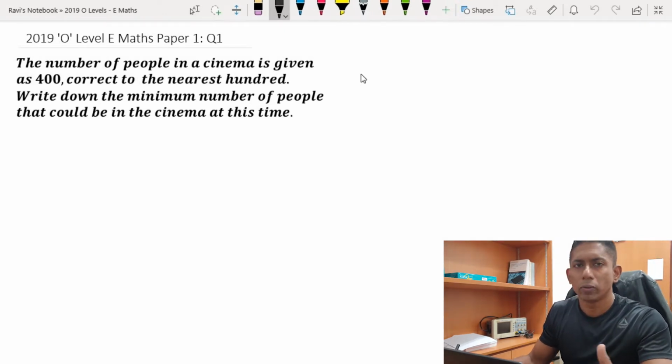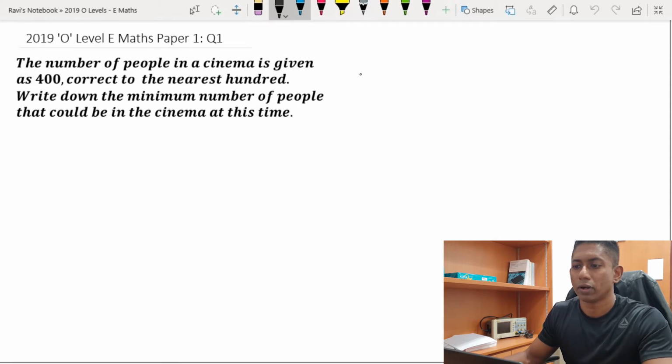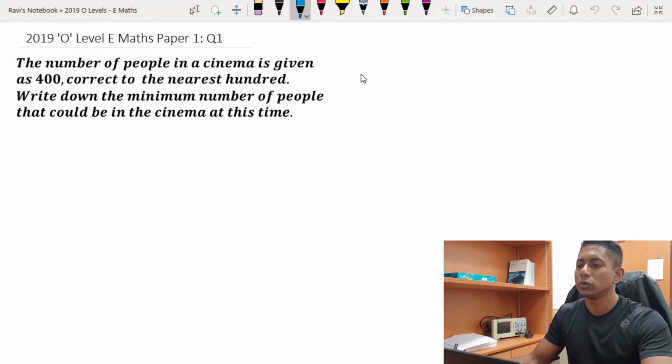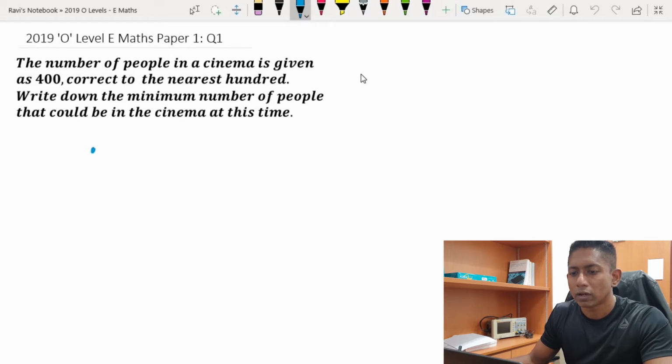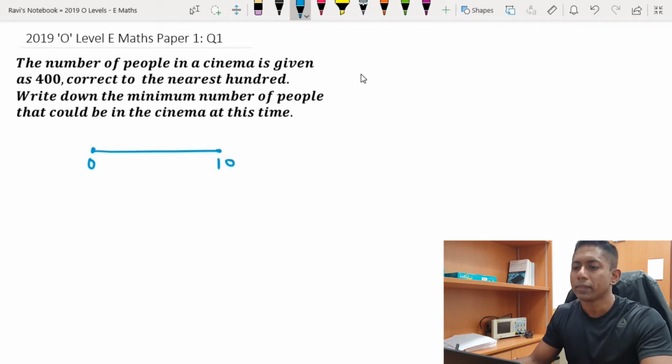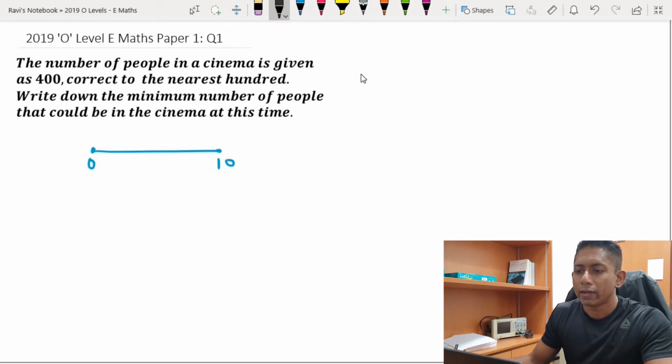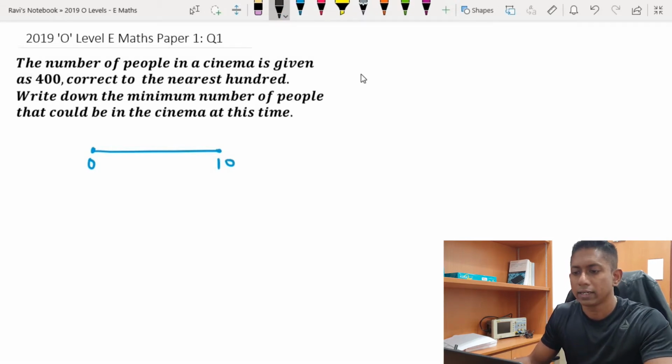In order to solve this, let's go back to the basics of how we round off numbers. If I give you a range of numbers, say from 0 all the way to 10, and I say round off to the nearest 10, the midpoint would be 5, correct?